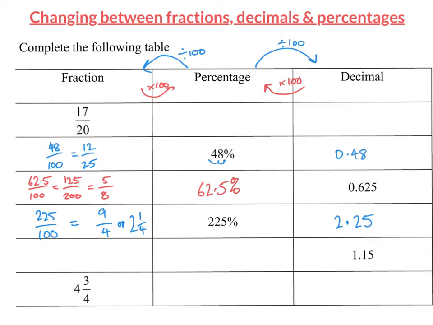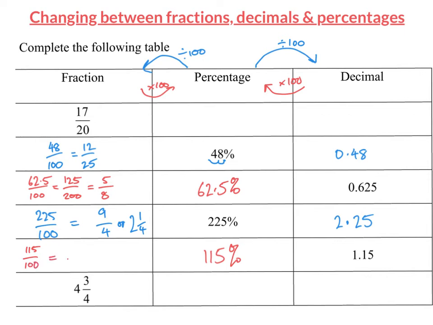Looking at this one here then, 1.15. Whenever we multiply by 100, we move the decimal point 2 places. So that means that this is going to end up as 115%. And when we write that as a fraction, it's 115 out of 100, or 115 divided by 100.